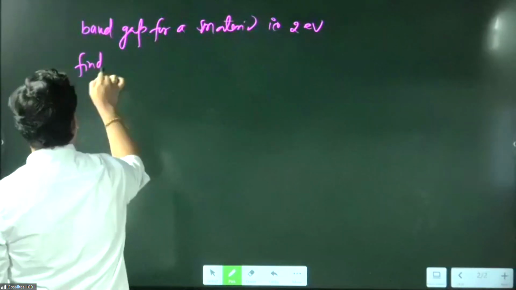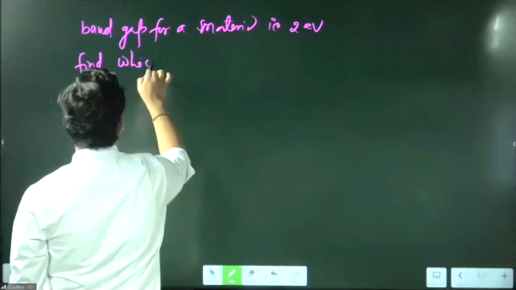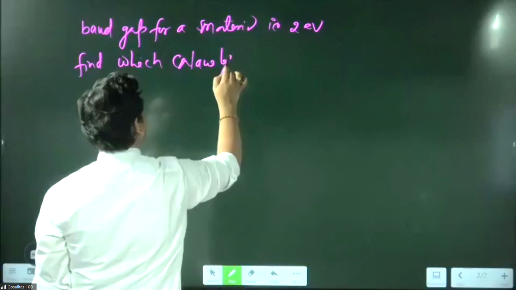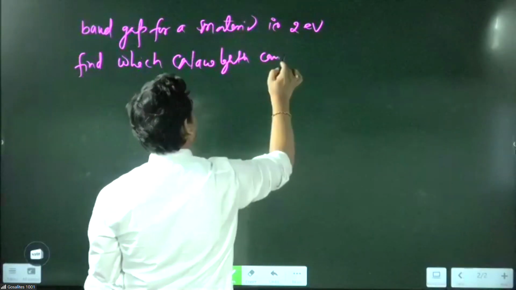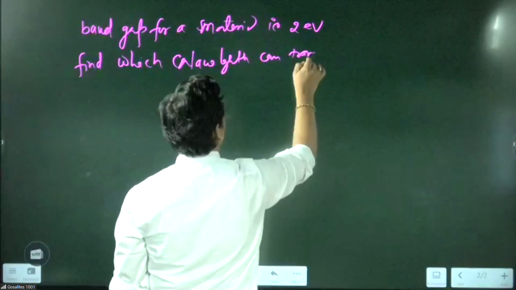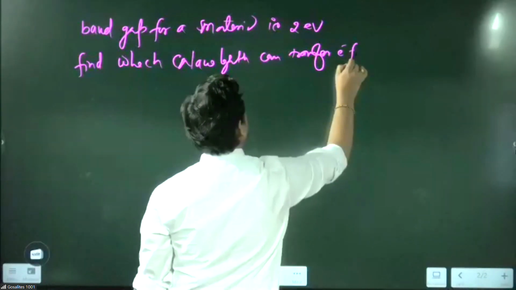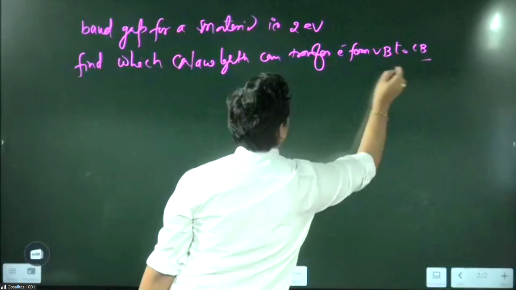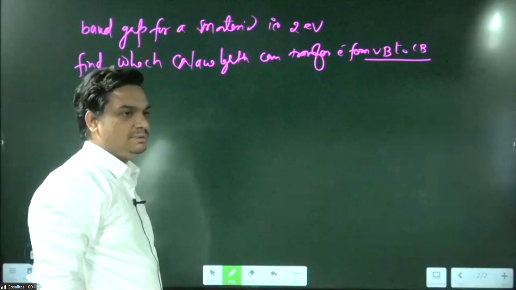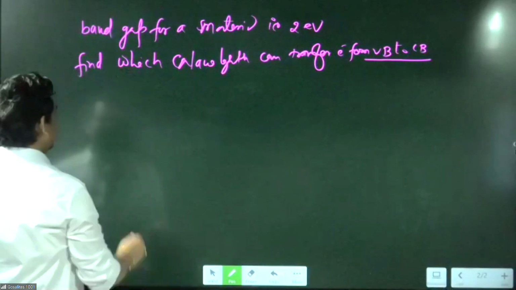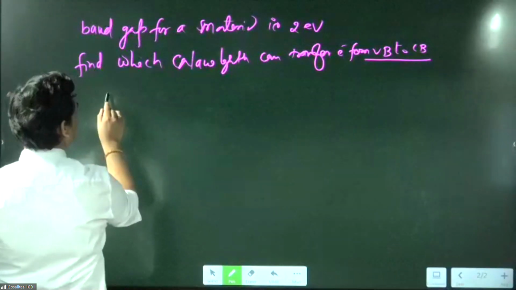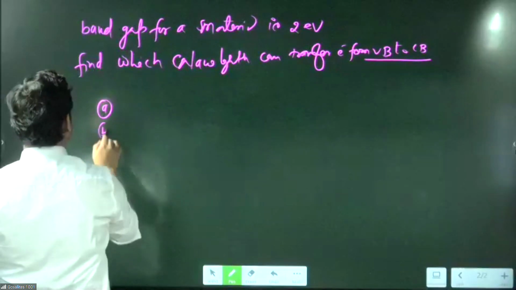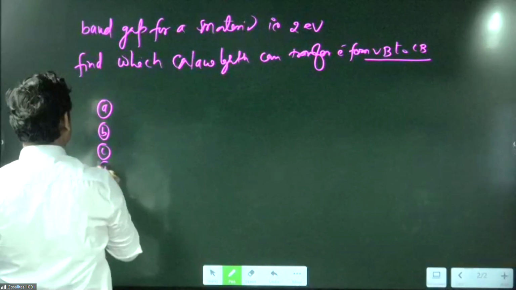Find which wavelength can transfer an electron from VB to CB. And they have given options A, B, C, D.